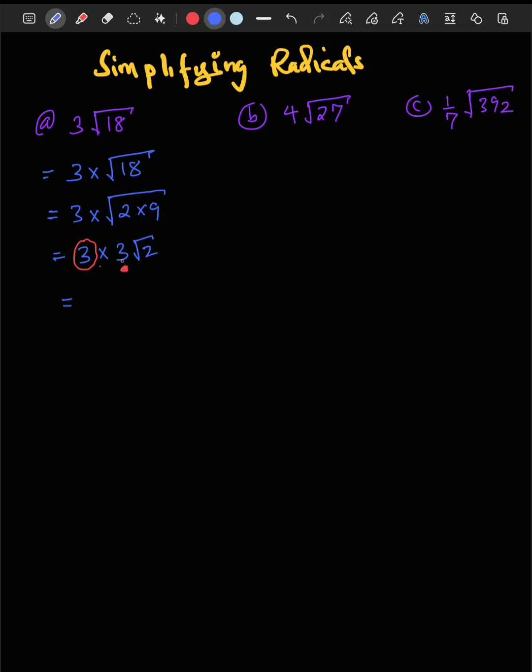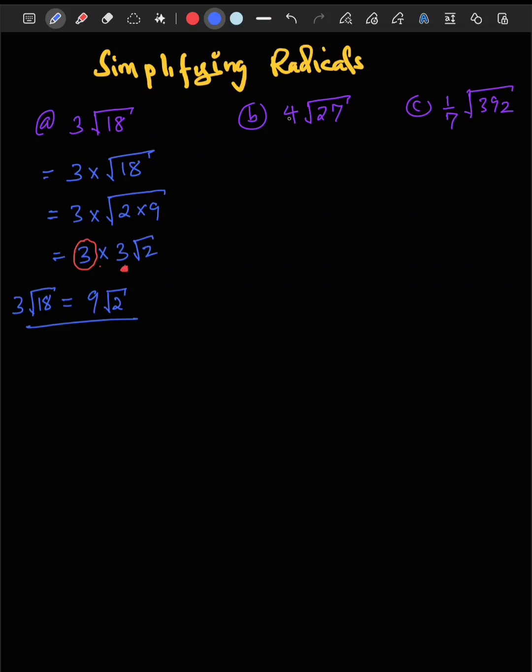So we have 3 times 3, that is going to be 9, and then we have radical 2. We're going to just plug that one here, and this is our answer. So therefore 3 under root 18 is the same as 9 under root 2, and that is it.